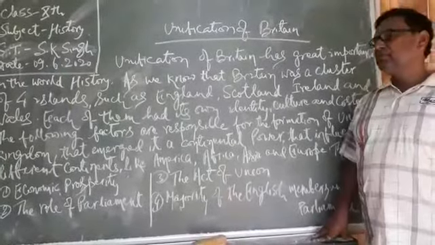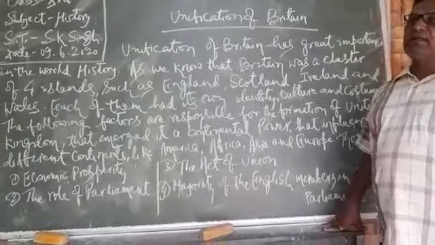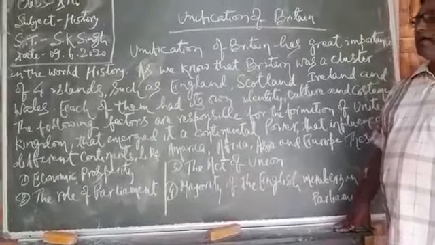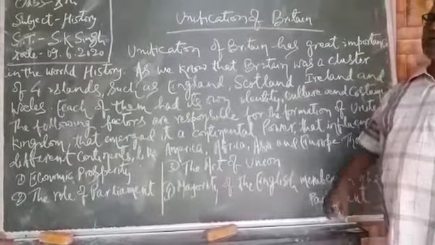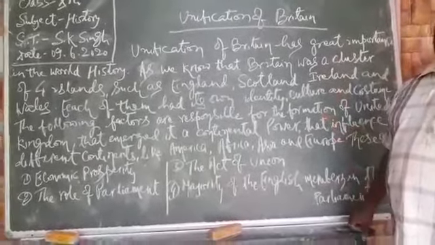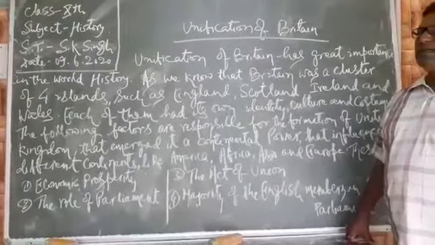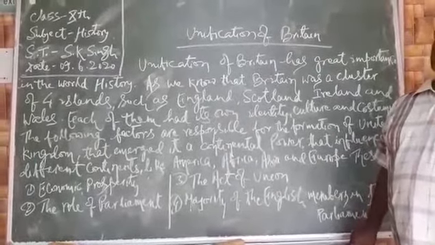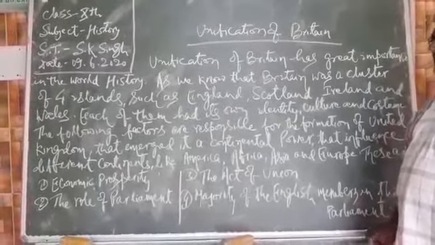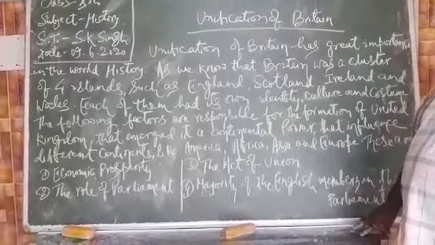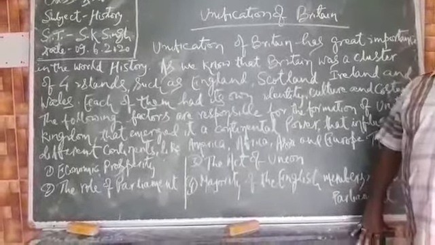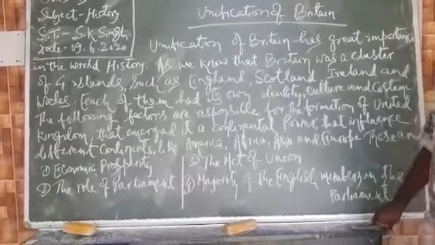And due to the continental empire, they spread out their business, and Asian countries and African countries came under the British. So the economic prosperity made England most dynamic.